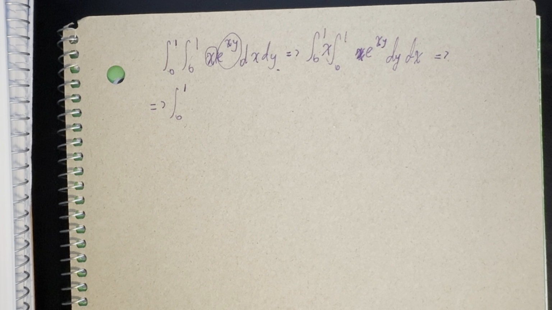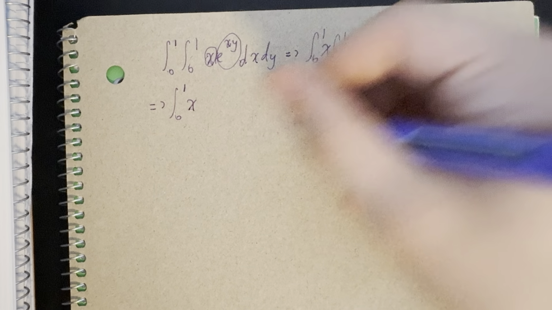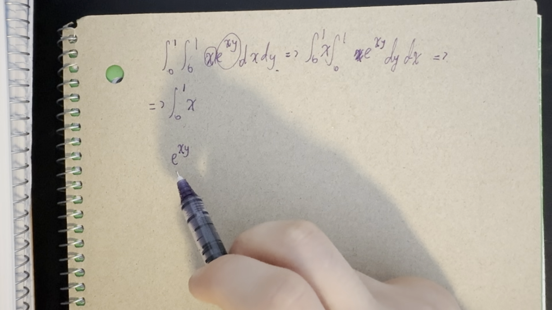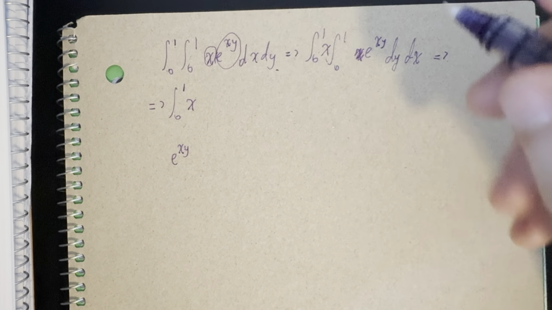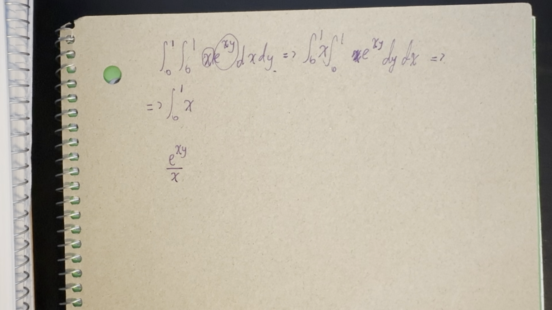Now if you take the derivative of this, you're going to get e to the xy times x. So you're going to have to divide by x in this, right?